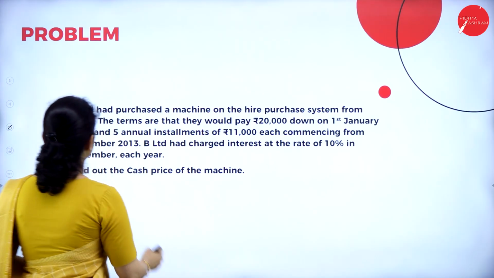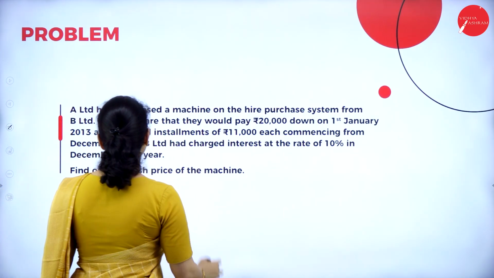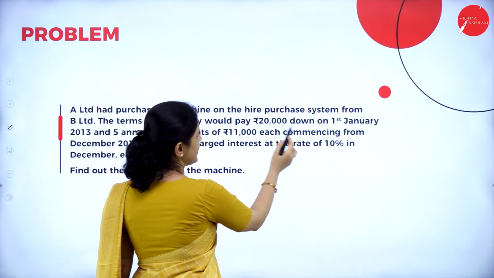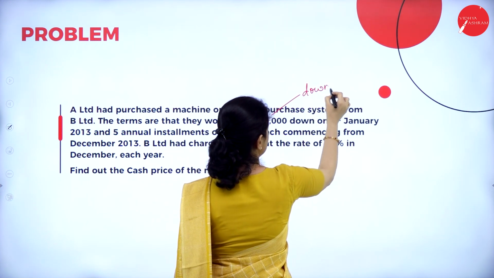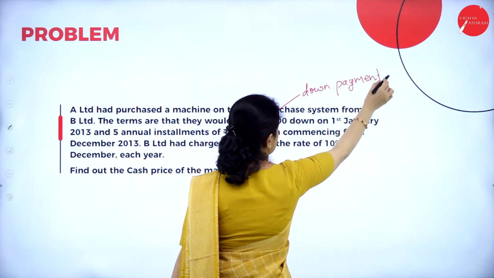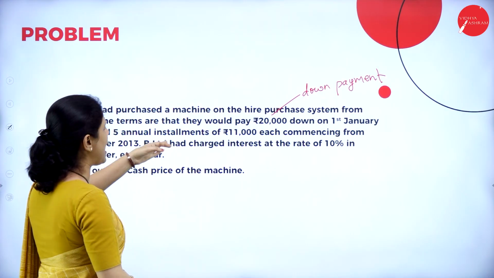See the problem. A Limited had purchased a machine on the hire purchase system from B Limited. The terms are that they would pay 20,000 down. This 20,000 is the down payment, on 1st January 2013, and 5 annual installments.